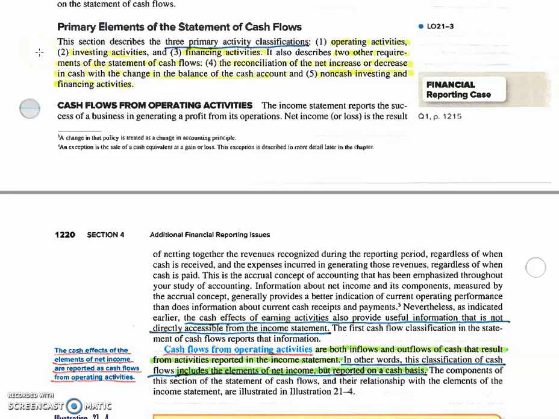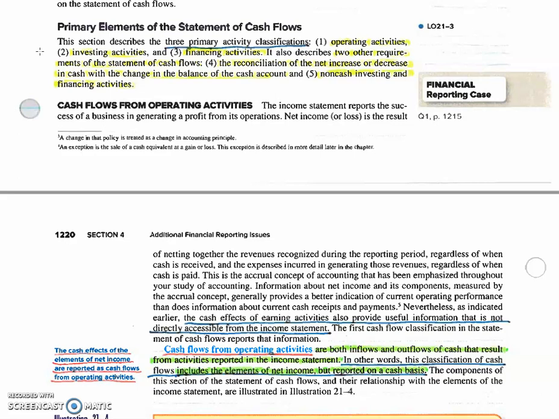One thing I do want you to understand when the FASB set out the statement of cash flows in FAS 95, it's kind of interesting how they defined operating activities, investing activities, and financing activities. They defined investing activities as involving transactions with long-term assets and short-term investments for companies other than those that are in the investing business.